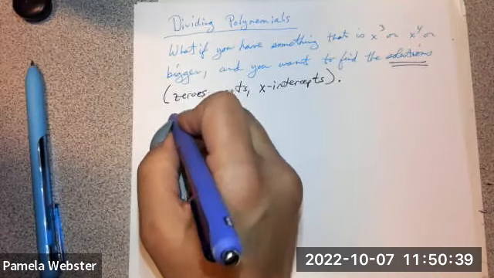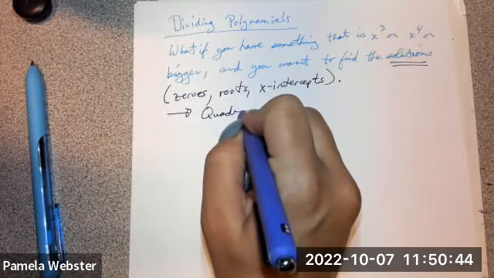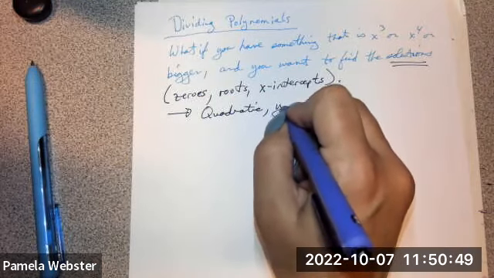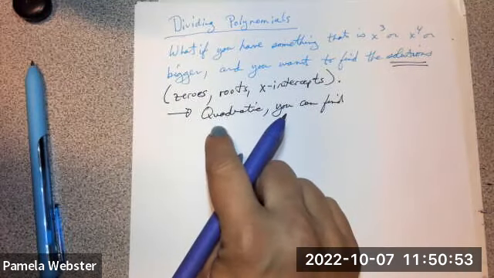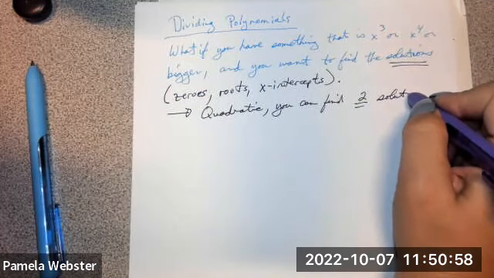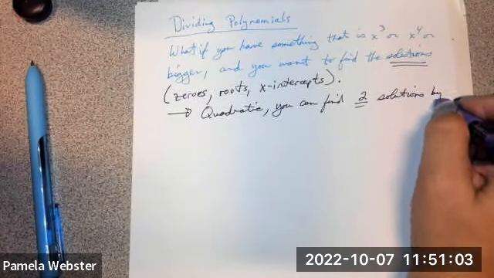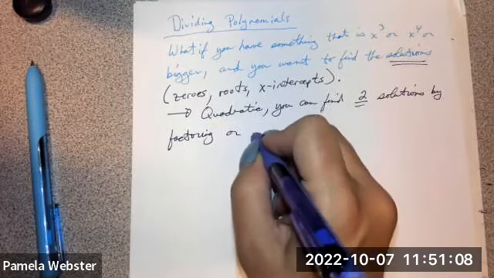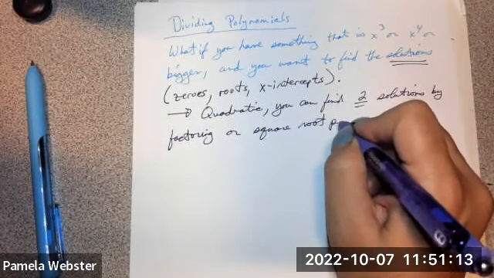So what we know is this. For a quadratic, we have lots of ways to solve those, right? For a quadratic, that's x squared, so I know I should have two solutions, and I can find them by factoring or the square root property, depending on what the problem looks like.